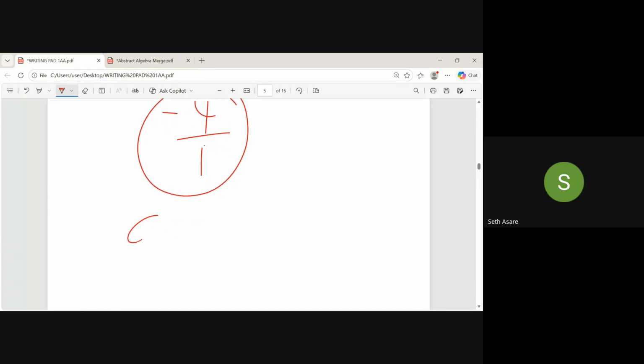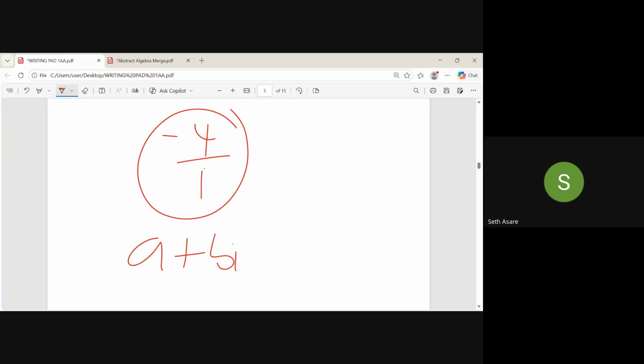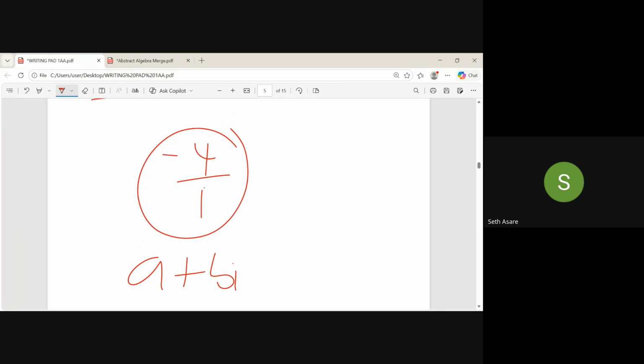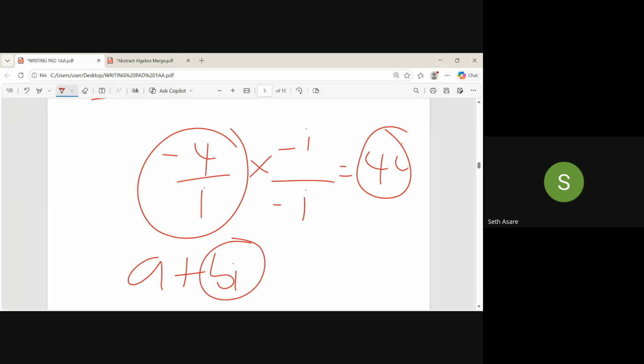We are writing A plus BI, so we want the B to come up. For you to be able to do that, rationalize it, and that will send this one to this, so that we get the imaginary part like that. Are we clear?